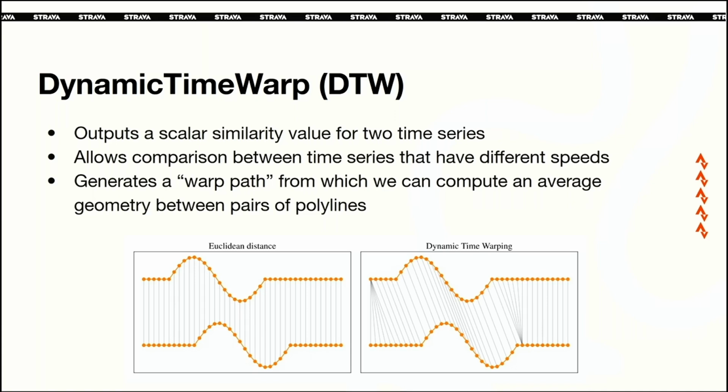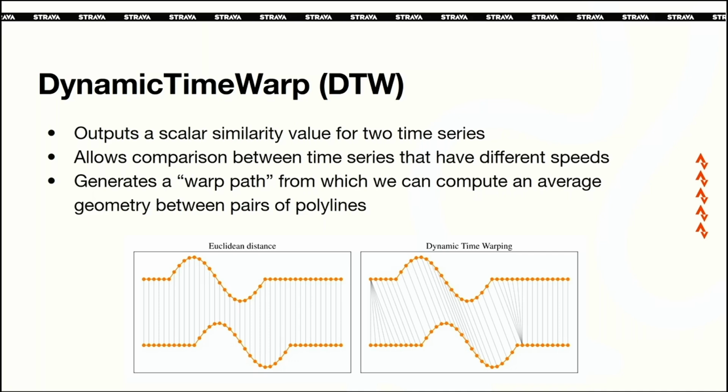So notice here how the points in the time series are matched based on their curvature. In the context of GPS traces, that means that, say, if a runner stops, their lat longs taken while they are stopped are all matched with a single point of somebody who runs through that stopping point. So you can imagine a runner going through somebody who's stopped.